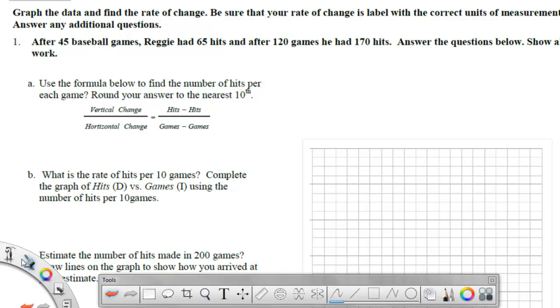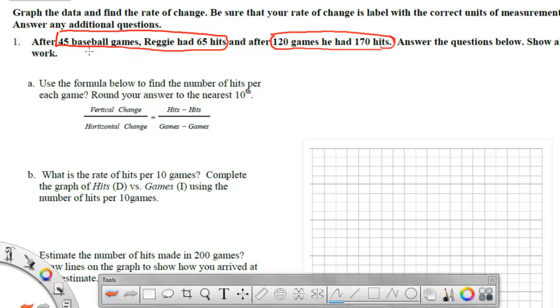Let's go ahead and finish part A here. It says, use the formula below to find the number of hits per each game. Round your answer to the nearest tenth. Well, we know that in 45 baseball games, we had 65 hits. So that's our first ordered pair. In 120 games, we had 170 hits. So that's our second ordered pair.